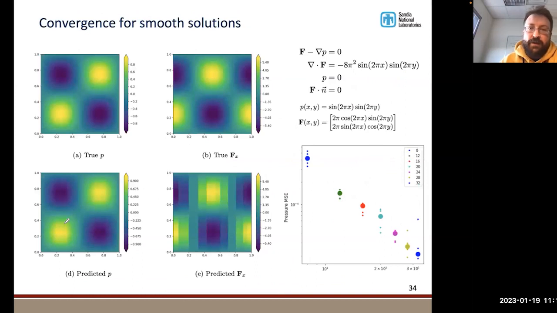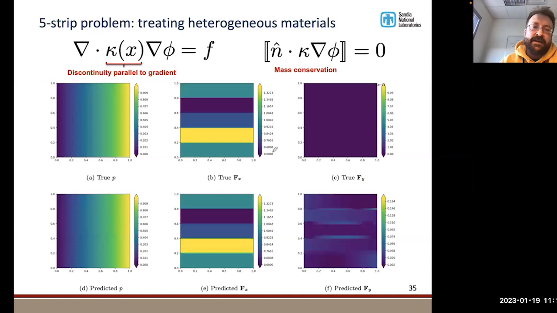And this is what it looks like when you train. These are just some manufactured solutions so you can get a sense. You can see as you take more B-splines, it converges like a normal finite element method. The interesting thing is if you look at problems where you have discontinuities in conductivity, for example. This 5-strip test problem is a benchmark in mimetic finite element simulations, because you have 5 strips, each with a different diffusivity, kappa 1, kappa 2, and so on, all the way down.